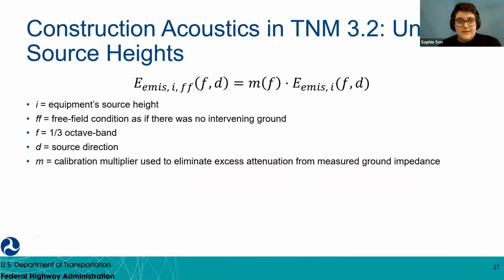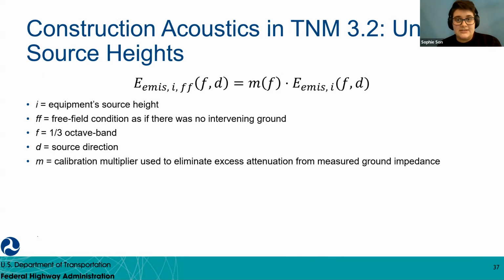Finally, we have the source heights. As I mentioned, each equipment object only has one source height, but that source height can vary. When the NCHRP project was conducted, all those measurements of construction equipment were taken. Those measured data inherently have the ground characteristics of that measurement site baked into those measurements.